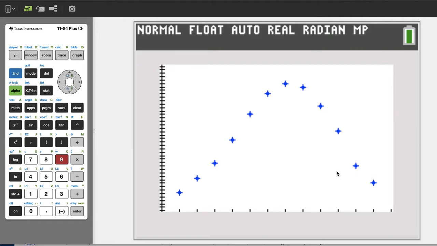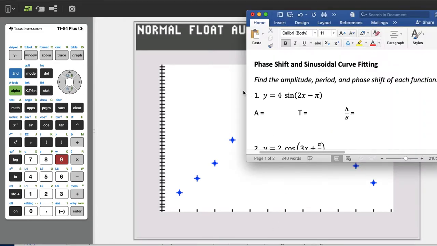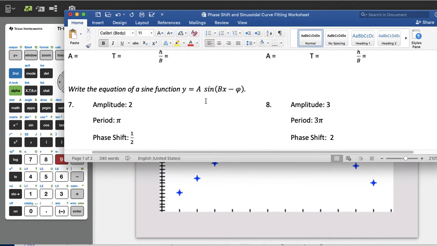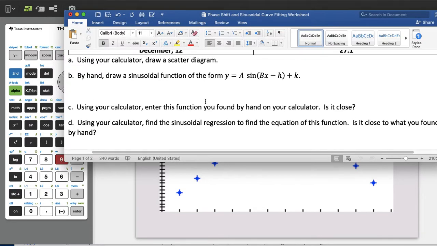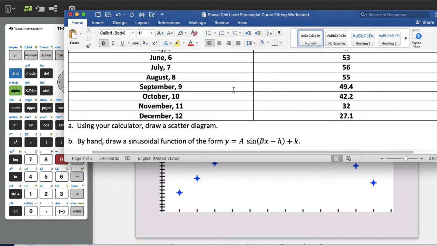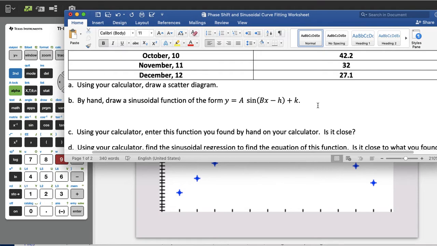And so what we're going to do by hand, I'm going to have you figure out your amplitude, your period, all that stuff that was on the previous video. So by hand, draw a sinusoidal function of the form. So I shouldn't say really draw, find it. What's A? Well, amplitude is the largest minus the smallest divided by 2.